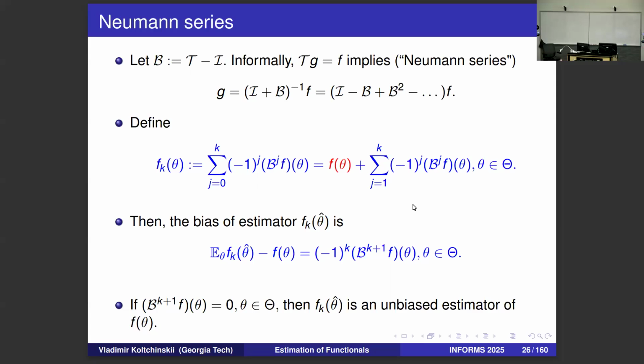It just follows from these formulas in two lines. So basically, we need to know what this k-th power is. If we are able to show that this k plus first power is equal to 0, then it means that we constructed an unbiased estimator. Otherwise, we need bounds on this. That's basically what is happening here.